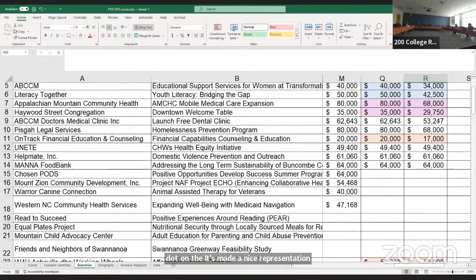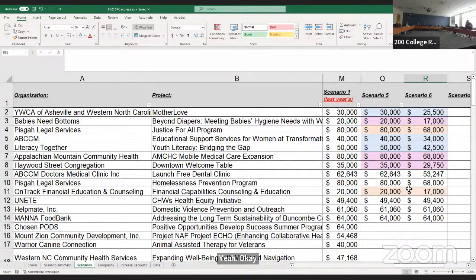I don't think you're gonna find many organizations here that don't serve people outside of Buncombe County. Maybe Steve Bottom, I bet you people out in Madison County know about it. But they're not supposed to use our funds for those, and many of them don't, many of them have other sources of funding outside Buncombe County.